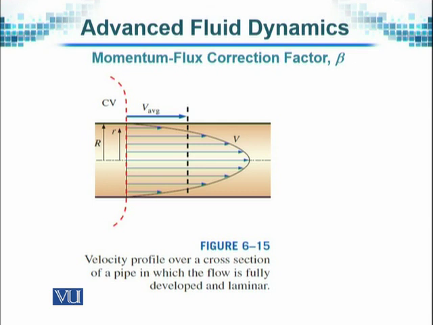One belongs to the pipe, the other is the radius that varies and stays within the flow field, as shown here. So this is the velocity profile over a cross section, and you can see that it is parabolic in shape.